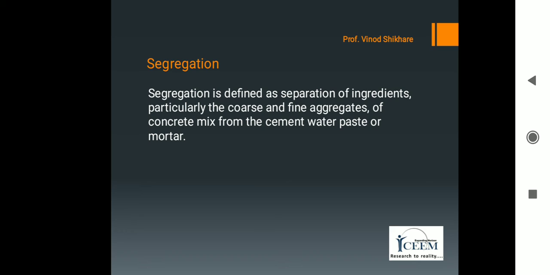It is one of the undesirable properties of fresh concrete which should be prevented in all circumstances, as it is very harmful to concrete. Segregation can be observed on the exposed surface of tall concrete members like walls, columns, etc. after removing the formwork.